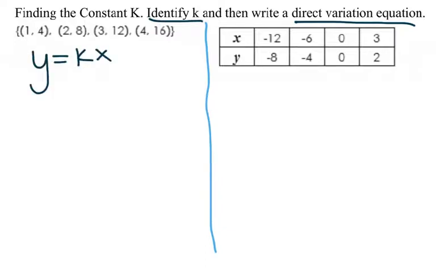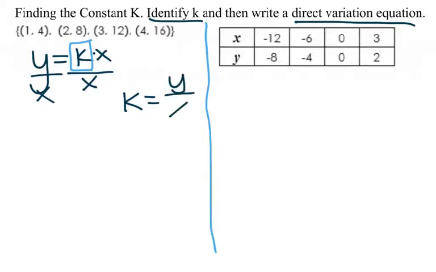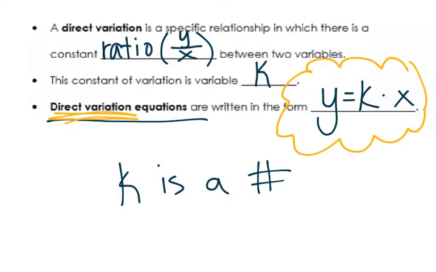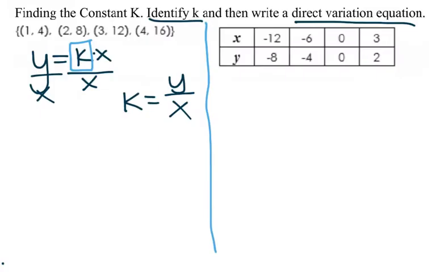Or if you were just going to try to isolate k, remember that k and x are being multiplied. So if I wanted to get rid of the x, I could divide. Another way to find k is to do y divided by x, which is the ratio y divided by x. That's how you find k.